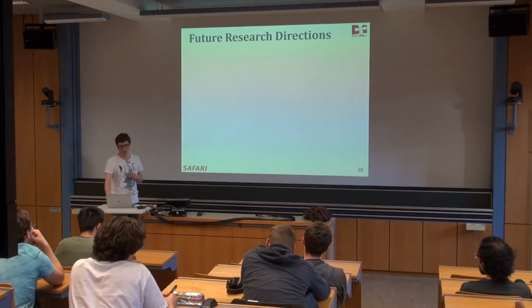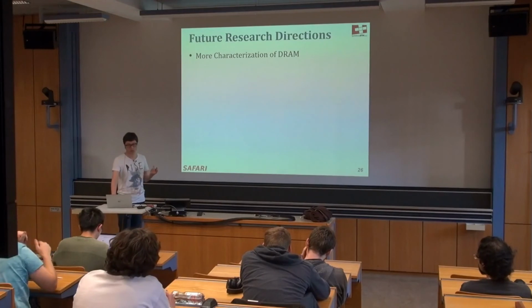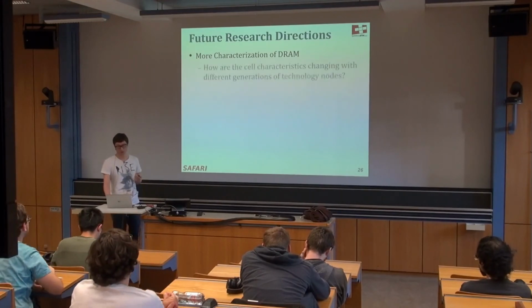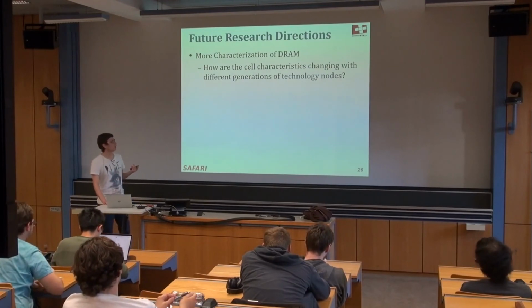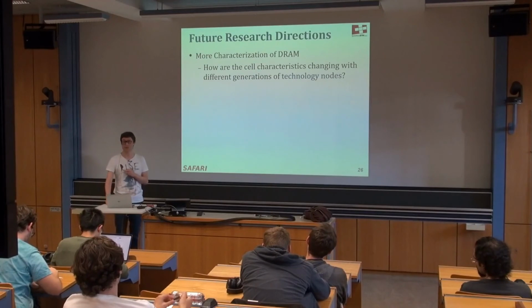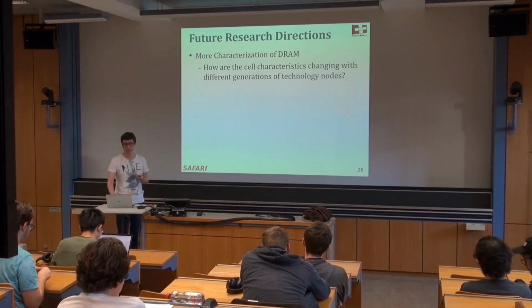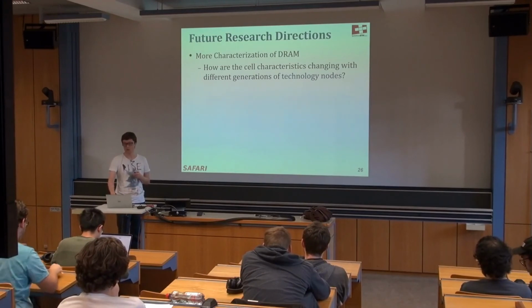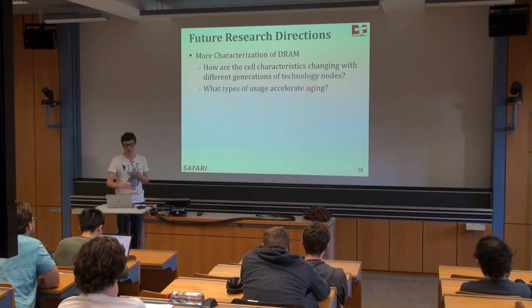There are some future research directions that SoftMC can enable, and you can perform more characterization studies of DRAM. It's possible to look at how the cell characteristics change with different generations of technology nodes. Right? So 2 years later, you can look at what will happen to DDR5, for example, when the technology node scales even further.